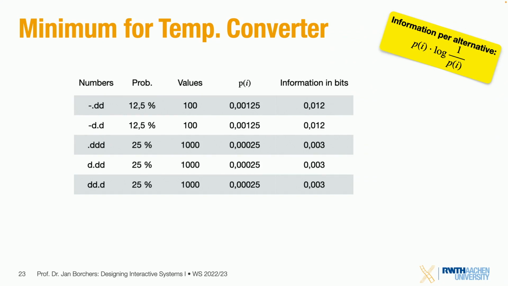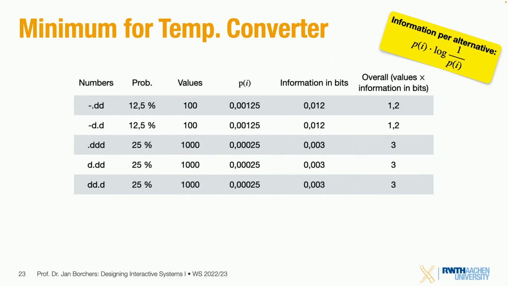But, of course, there are only 100 of these, so overall, this only has 1.2 bits of information in it. Whereas these, since there are 1,000 of them, they each, if you add them all together, have 3 bits of information in them. A little hazy maybe, but still mostly with me, hopefully.